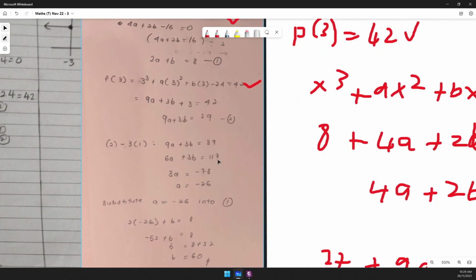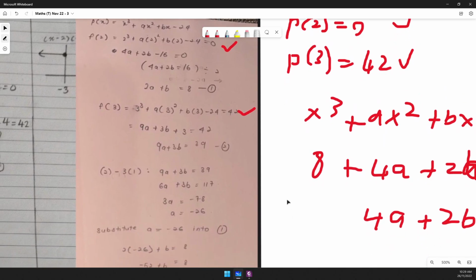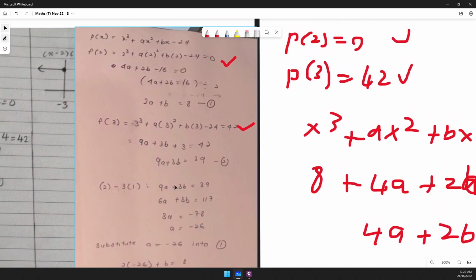39 times 3, 1, 2 minus 3, 1. 8 times 3. Should 8 times 3 be 24?